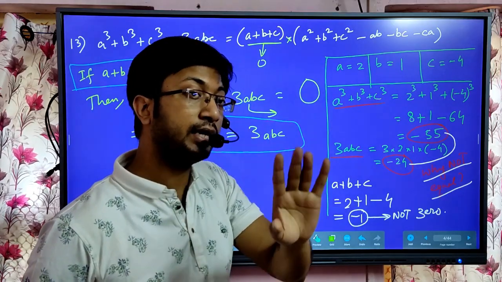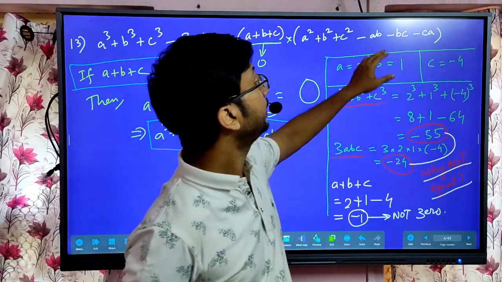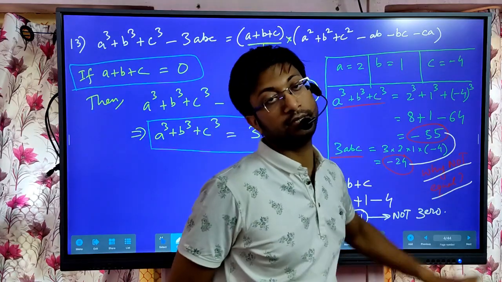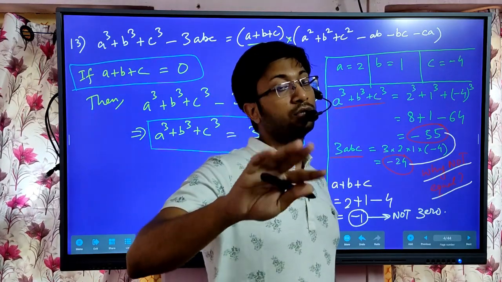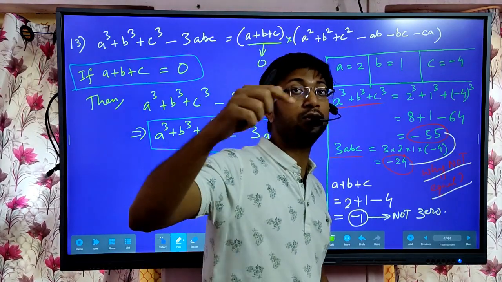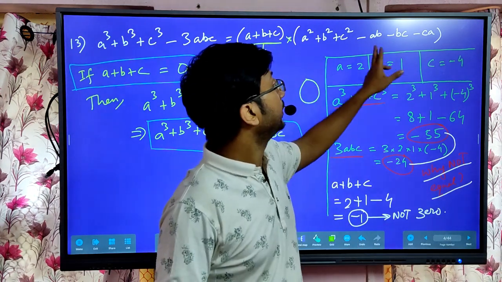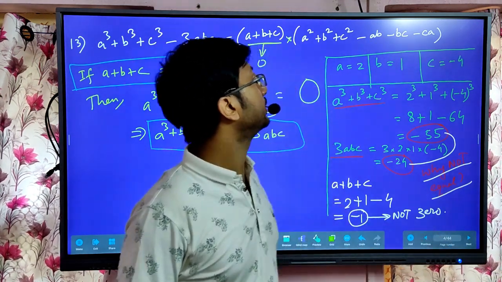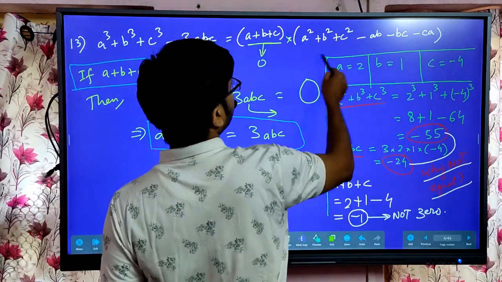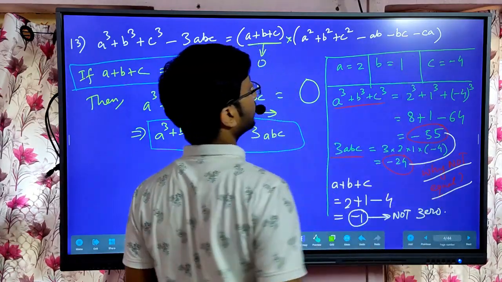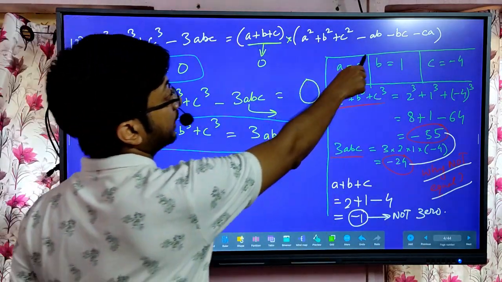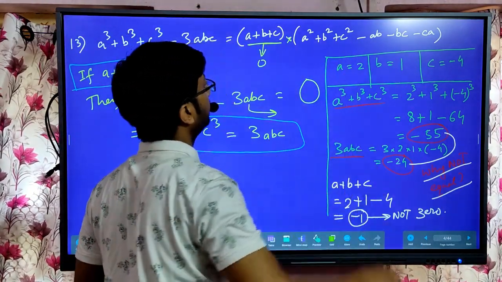It will only be a single combination: minus ab minus bc minus ca. It is not the whole square formula, so don't confuse it with 2 into ab, bc, ca. No, it will be minus ab minus bc minus ca. First will be the square of the terms, then the combination of the terms, all with a negative sign on this side, and the sum a plus b plus c will be on the positive side.